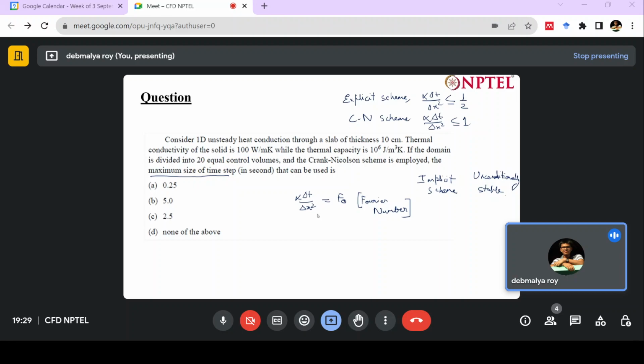Here it is said that we are using a Crank-Nicolson scheme. So we would use this particular inequality. We have to first calculate alpha. What is alpha? Alpha will be K by rho C. So can you please tell me the value of alpha?